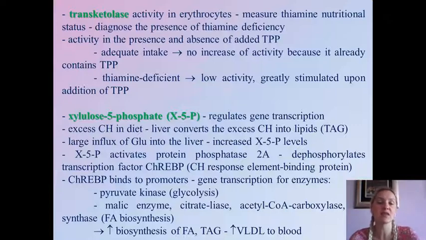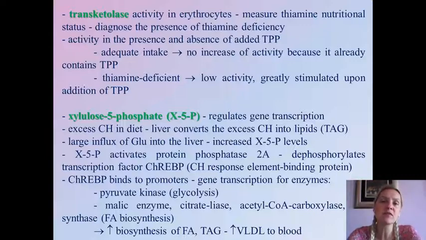And take a look at this: pyruvate kinase, which is the rate limiting enzyme of glycolytic pathway, or malic enzyme, citrate lyase, acetyl coenzyme A carboxylase, fatty acid synthase, all of those enzymes for fatty acid biosynthesis.